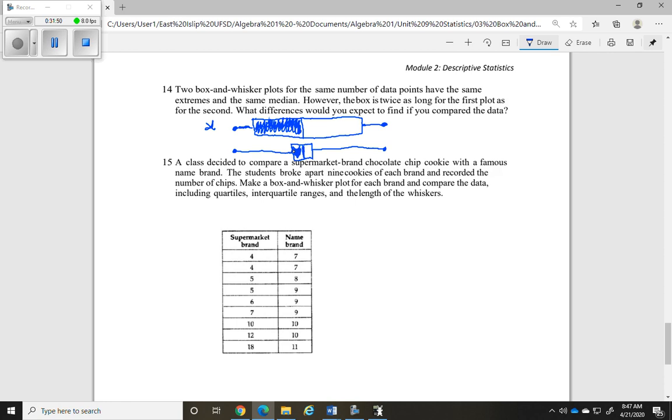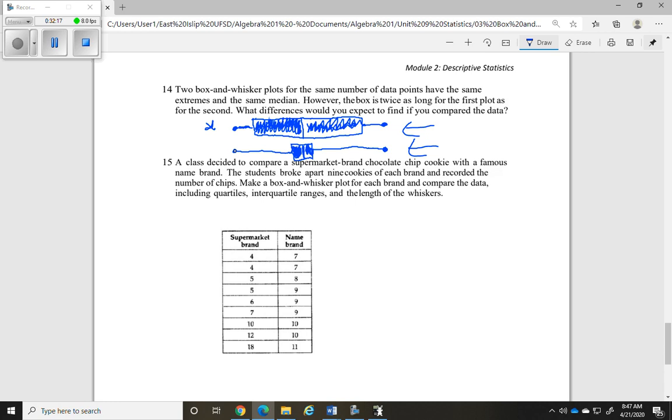These numbers have to be so close together. It's like they're all clustered around the median. Like the numbers are so tightly grouped in this second box and way more spread out in this first one. So that's why a box plot is an important statistical measure. Visually, we could see that these numbers must be way more spread out than these numbers.